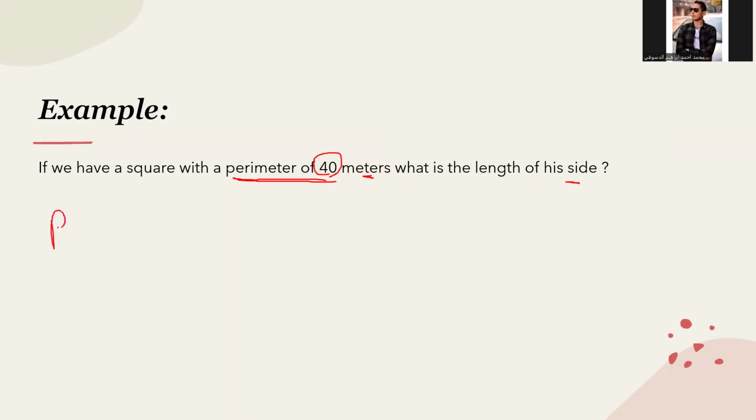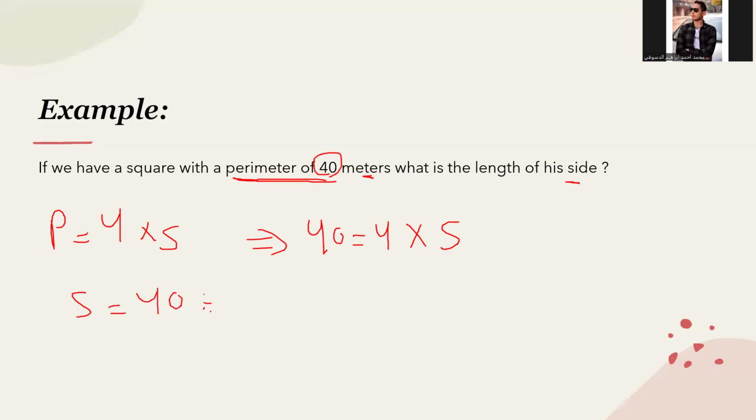We use the same formula. The perimeter is 4 times S, and he gave me the perimeter, 40 equals 4 times S. That means S equals 40 divided by 4, equals 10. 10 of what? 10 meters, because he told me that he's using meters.